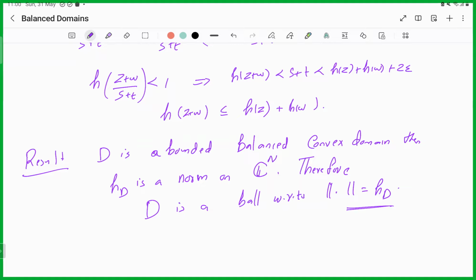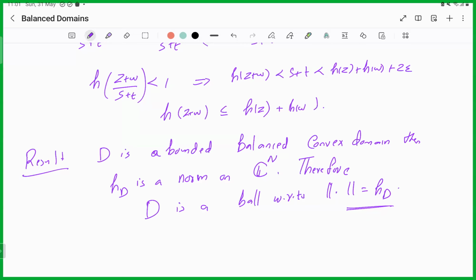So D is a bounded balanced convex domain. We can always say that D is a ball with respect to some norm. Like this, all can be done for any topological vector space also, right? We can extend it. Convexity is required.